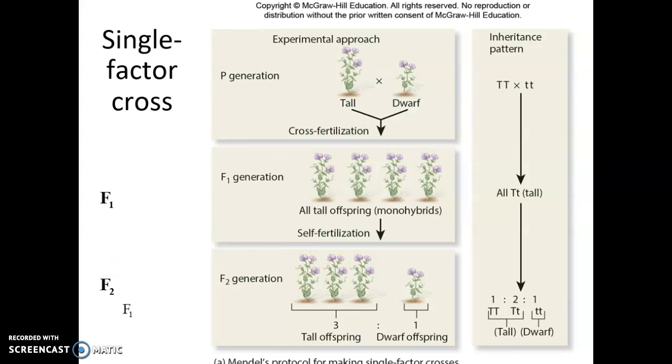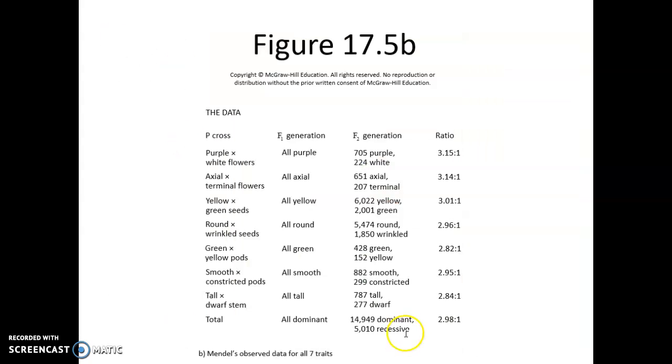Now, to give you a sense of how much work Mendel did on this and other things, this is the flower color we talked about. He looked at rough or wrinkled seeds, and you can see here how he documented what color he got in the F and the F1 and F2. And he also looked at how many thousands of plants he evaluated, right? 15,000 dominant, 5,000 recessive plants in all.